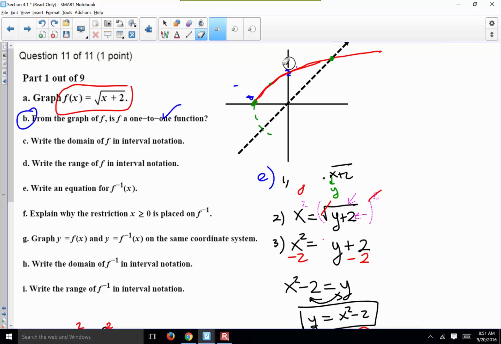Remember, inverting a function means making y values into x. So this function has y values. Look, when you compress this red picture onto the y-axis, it has y values more than 0. So when I flip this and get the inverse of this function, these y values turn into x values.